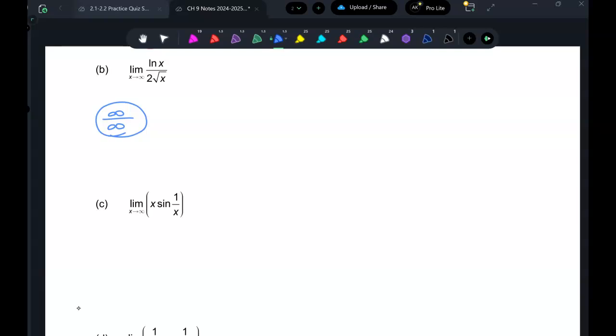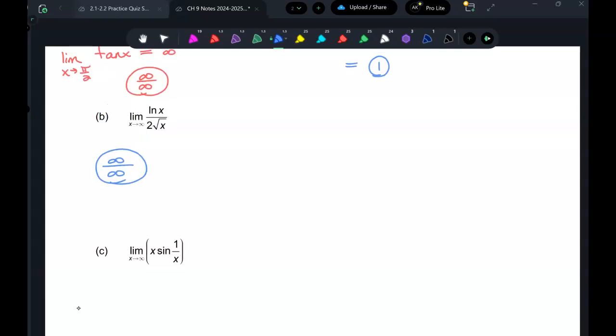Okay, so in the numerator we have 1 over x. In the denominator, we're going to have 1/2 x to the negative 1/2. The 2's cancel. So it's just going to be 1 over root x.